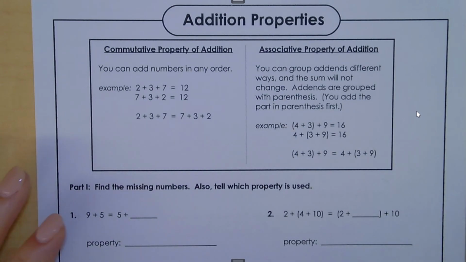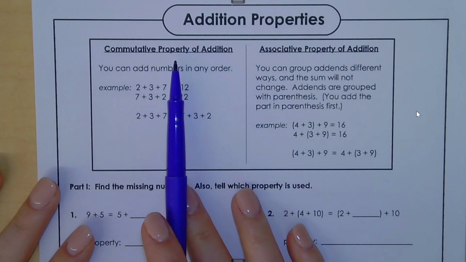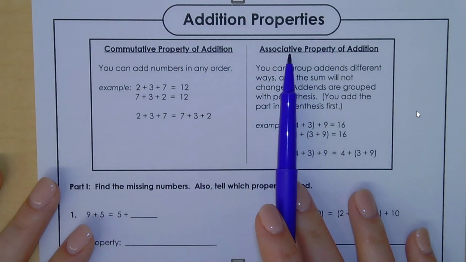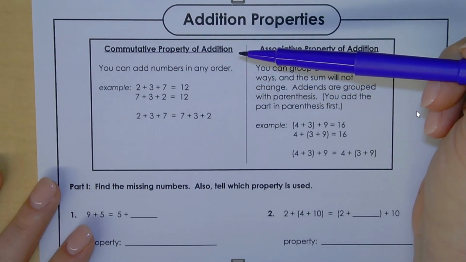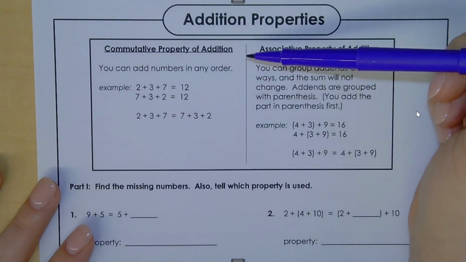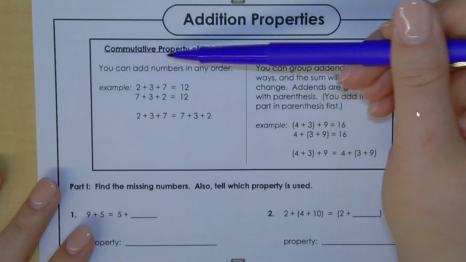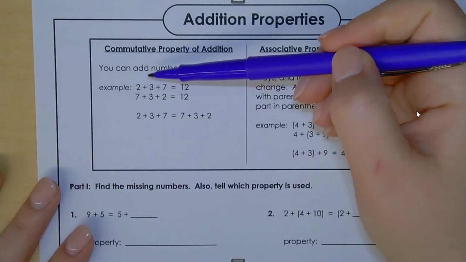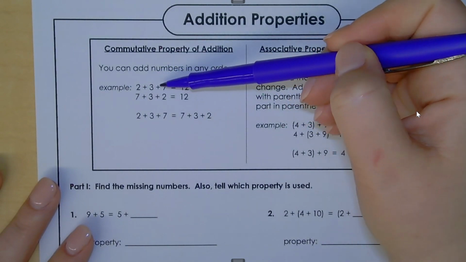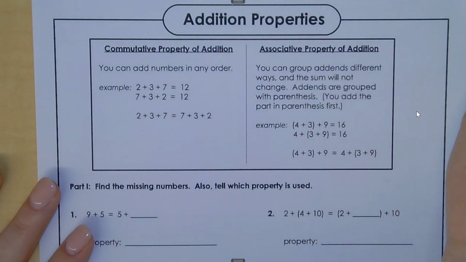So today we're going to review the commutative property of addition, and we're going to learn about the associative property of addition. So first, let's review the commutative property of addition. Commutative property of addition states that you can add numbers in any order. The order doesn't matter. For example, 2 plus 3 plus 7 equals 12.